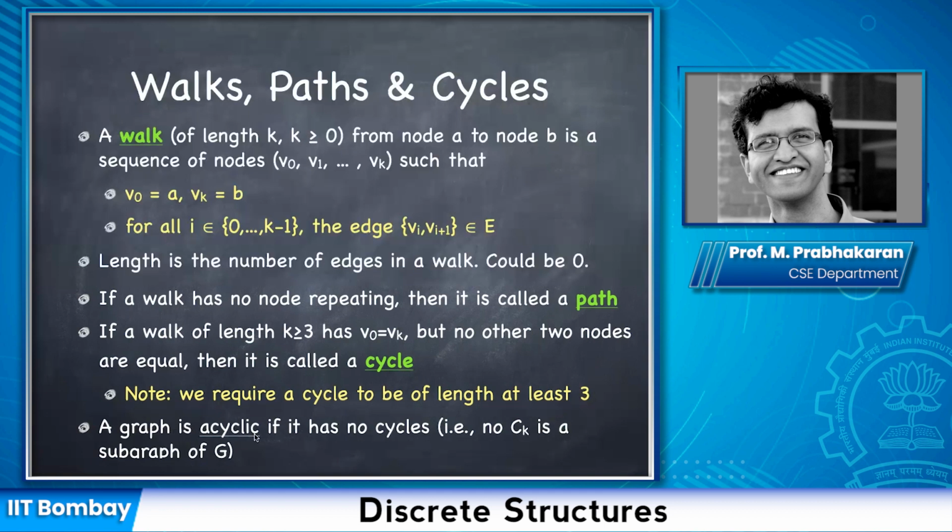Another way to define an acyclic graph is that there is no subgraph of G which is isomorphic to the cycle graph Ck for k greater than or equal to 3. Right, so that's the definition of an acyclic graph.